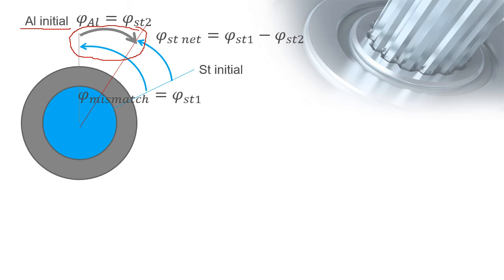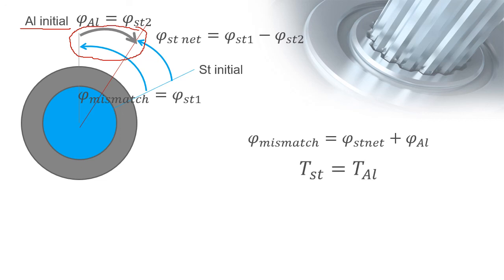We are subtracting phi steel sub 2 from phi steel sub 1 because they have different directions. One is counterclockwise and one is clockwise. As you can see from the diagram, phi steel net plus phi aluminum is equal to the angle of the mismatch. So this is the second equation that we need.